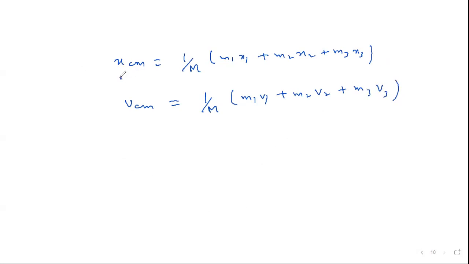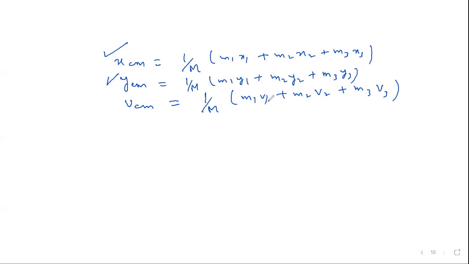First I will tell you there will be ycm also now in the picture. It will be 1 by m, m1y1 plus m2y2 plus m3y3. So this will give you x position of center of mass. This will give you y position of center of mass. Likewise, velocity will be in x direction as well as y direction.